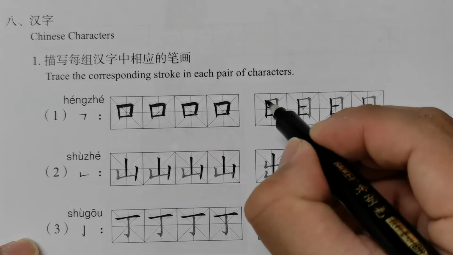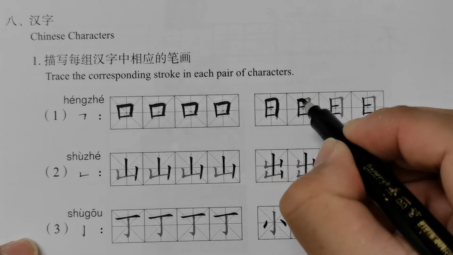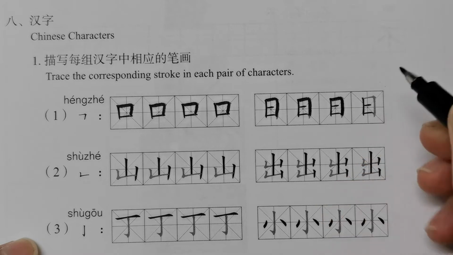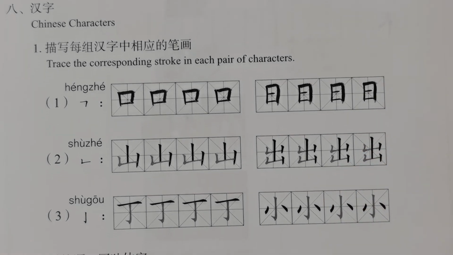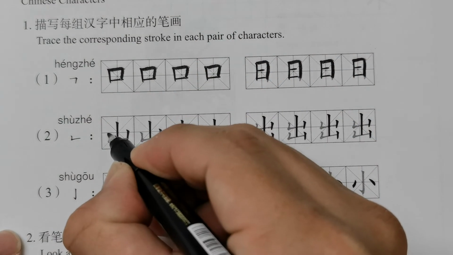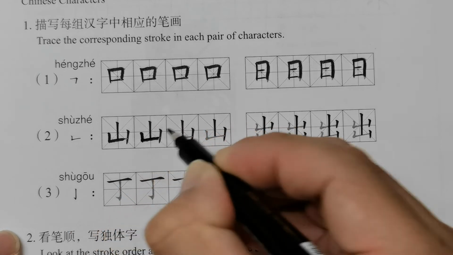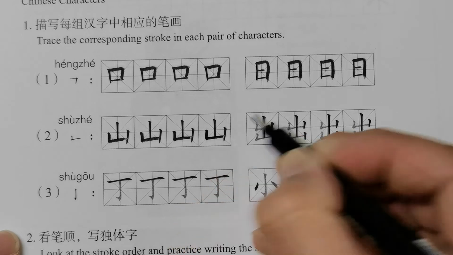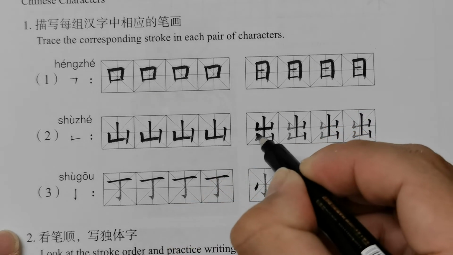And this one is slightly longer for the vertical stroke. And number 2, so this is 竖折, 竖折.